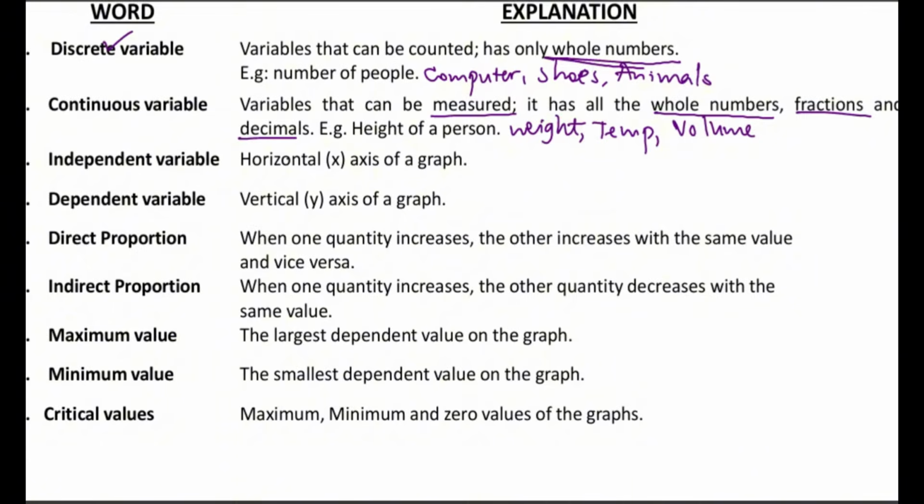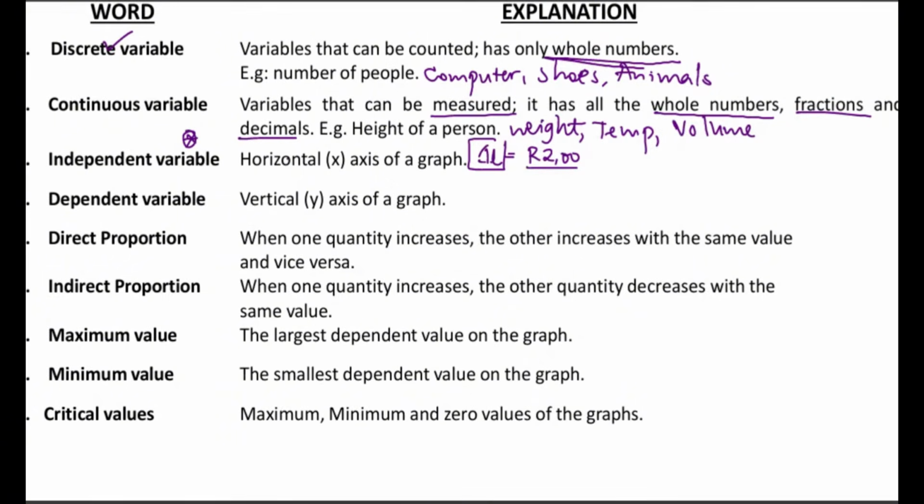For example, if they tell you for every liter, one has to pay 2 rands, that means the money to be paid will depend on the number of liters. So the number of liters becomes independent and the cost becomes dependent. Why? The cost will depend on the number of liters.